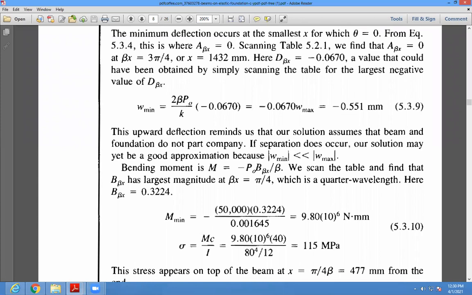Next line, add on: for the largest magnitude of b beta x, at beta x equal to pi by 4, which is a quarter wavelength.